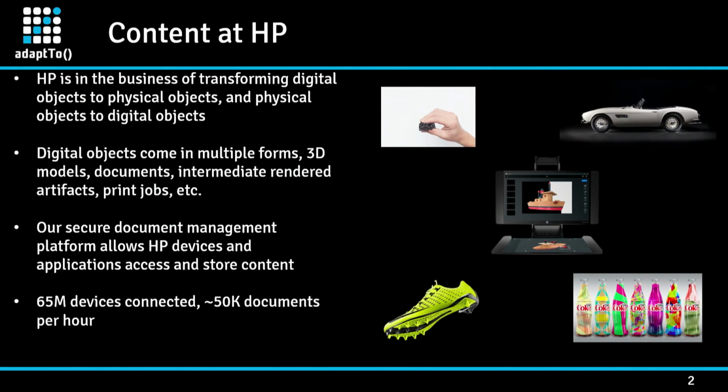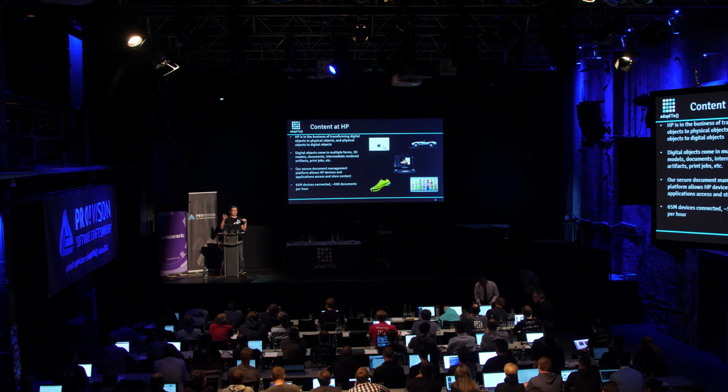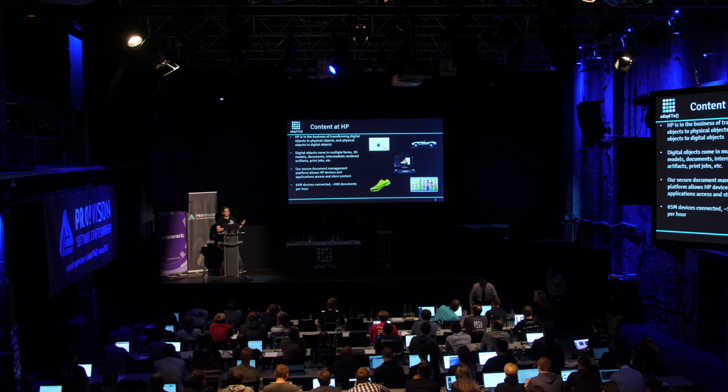HP is in the business of transforming digital content into physical objects, as well as physical objects into digital content. And this digital content can come in many forms. It can be 3D models, print jobs, scanned documents, other sorts of documents, and others. The name of our content management system, internally, is SDM.